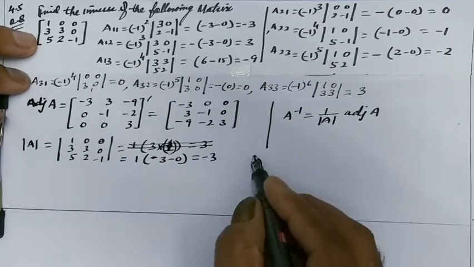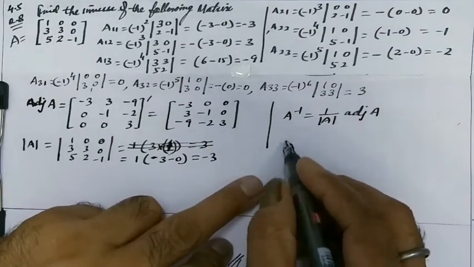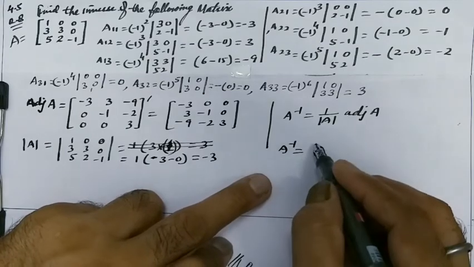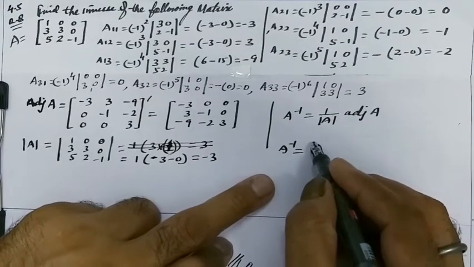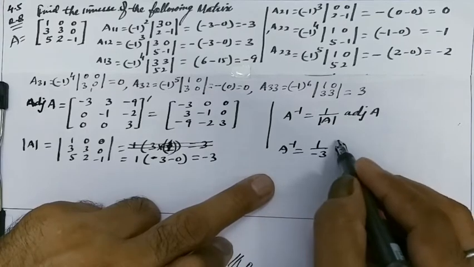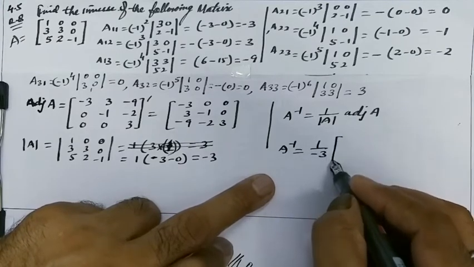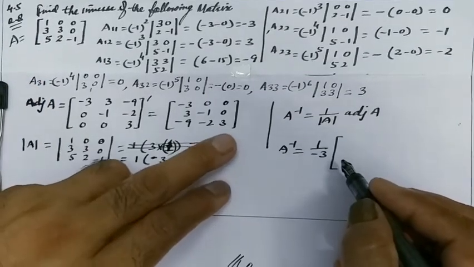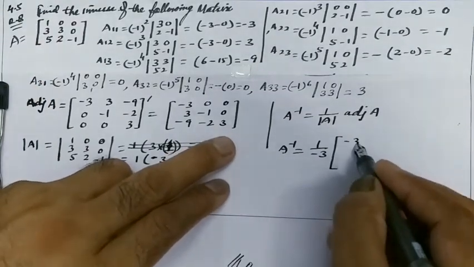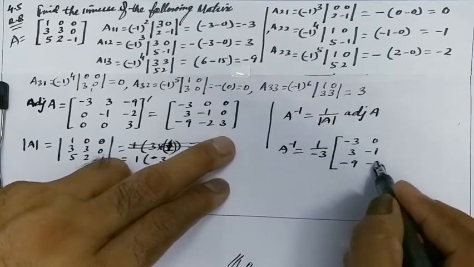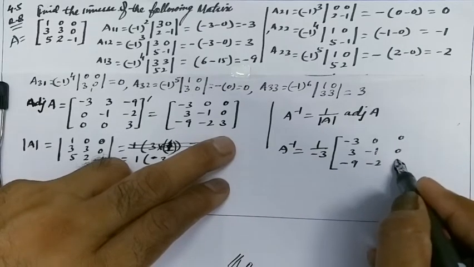And then putting all these values in A inverse, we will have A inverse of this matrix equal to 1 upon this determinant, that is minus 3, and then the adjoint of this matrix, which is minus 3, plus 3, minus 9; 0, minus 1, minus 2; and 0, 0, 3.